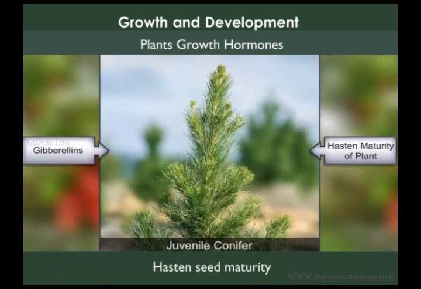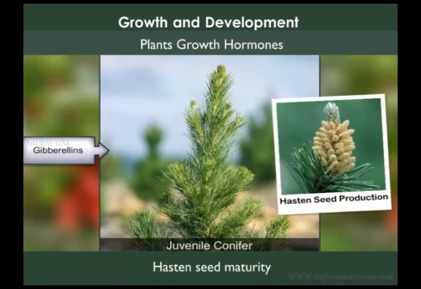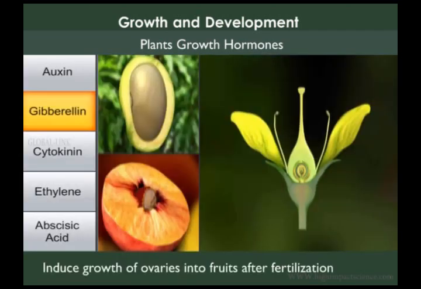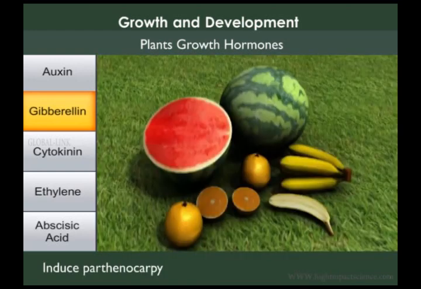However, they also hasten maturity of seeds and are hence used to obtain early seed production from juvenile conifers. Gibberellins are also important in fruit formation by inducing growth of ovaries into fruits after fertilization, as well as inducing parthenocarpy.